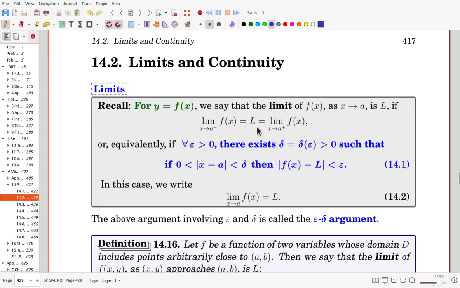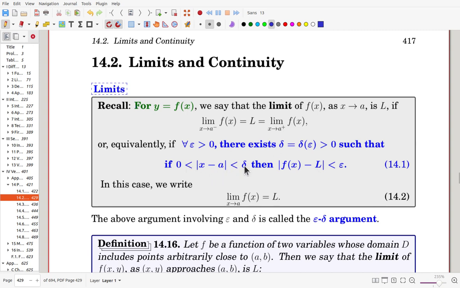This definition can be redefined by using the epsilon delta argument. For every choice of epsilon positive, there exists a delta positive such that if the modulus of x minus a is bounded by delta, then the distance between f of x and L is bounded by epsilon.